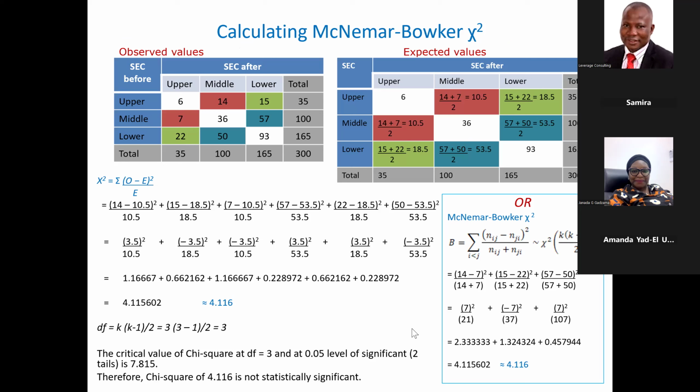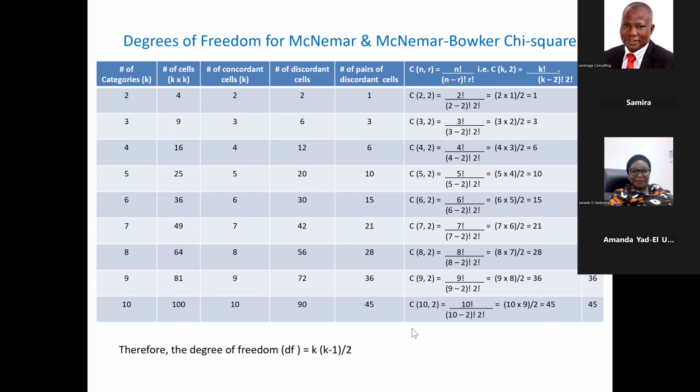That's the concordant. So 3 groups, 3 concordant cells. If we look at this table, you see that the number of concordant cells is equal to the number of categories. If there are 3 categories, 3 possible values of the variable you are dealing with, the number of concordant cells will be 3 also.